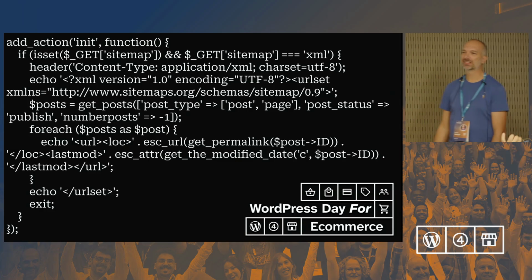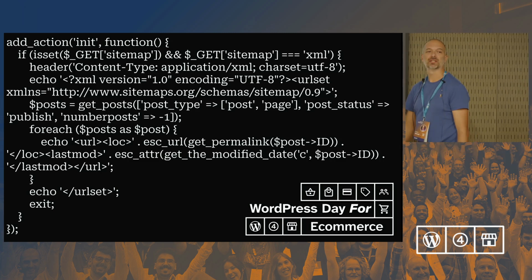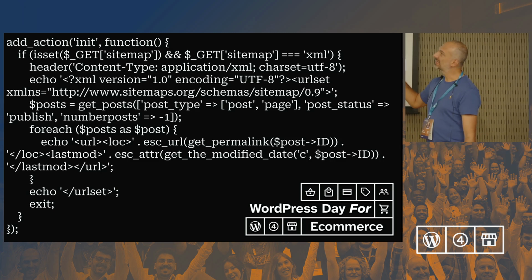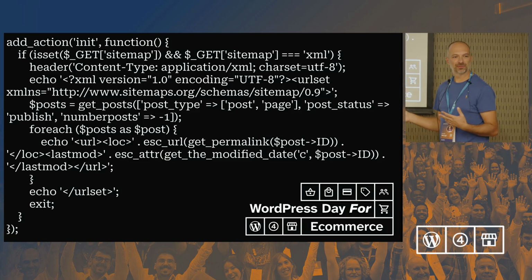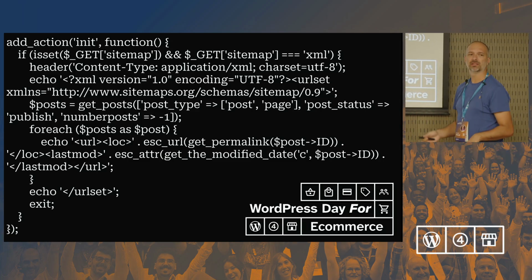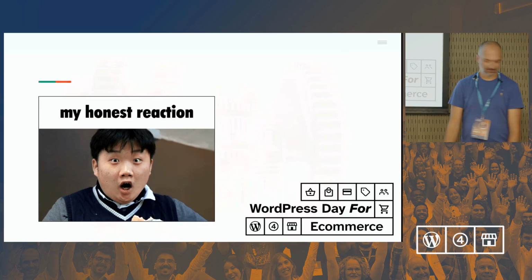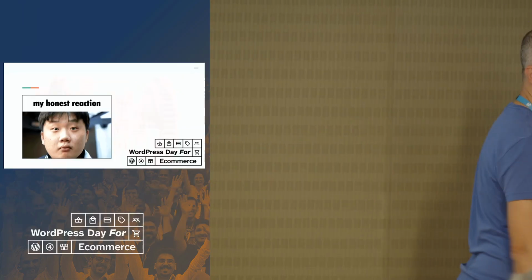This is how simple it is to come up with a sitemap if you don't use the Yoast plugin. So this is the beginning of your shift from, oh, I'm going to install this plugin, 10 million people use it, to, yeah, but hold on, let me think about it for a second, right? My honest reaction.